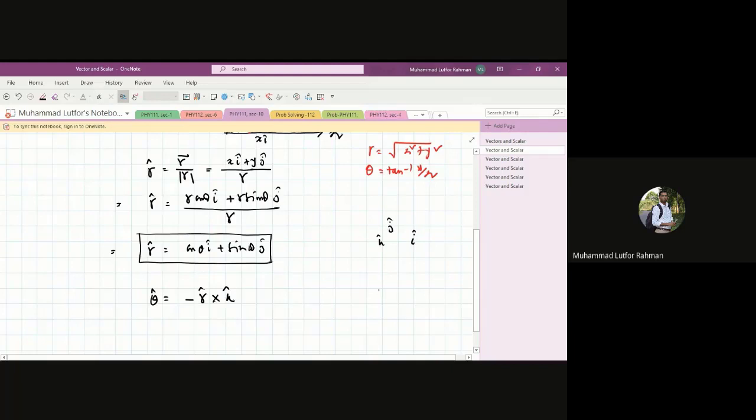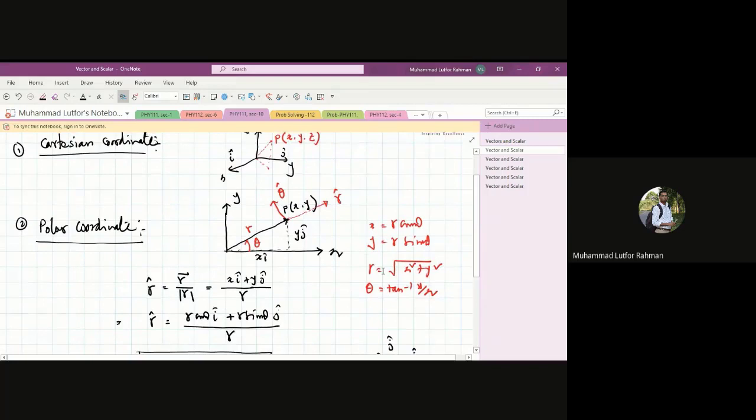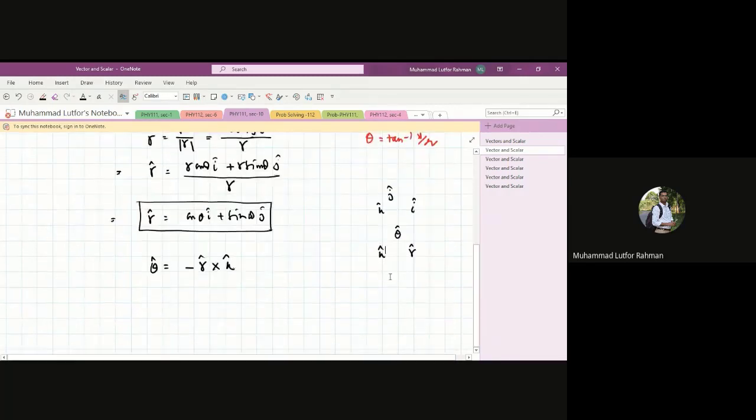And in the polar coordinate system, I have r hat, theta hat, and also k hat. K hat is perpendicular to them because r and theta are in the xy plane. In the three-dimensional case, I find one more dimension, which is out of the screen. If you look into the screen or out of the page, sometimes you can say that. So that's why I'll also use that property.